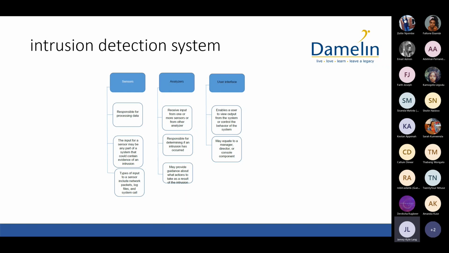So when you're looking at it from this perspective with sensors, analyzers, and user interface, we're looking at it from the perspective of a hardware-based intrusion detection system where the sensors will be there to receive input data, and the analyzers are responsible for determining if any intrusion has occurred. And then we have the user interface at which the user who wants to view if any intrusions occurred will be presented with that output.